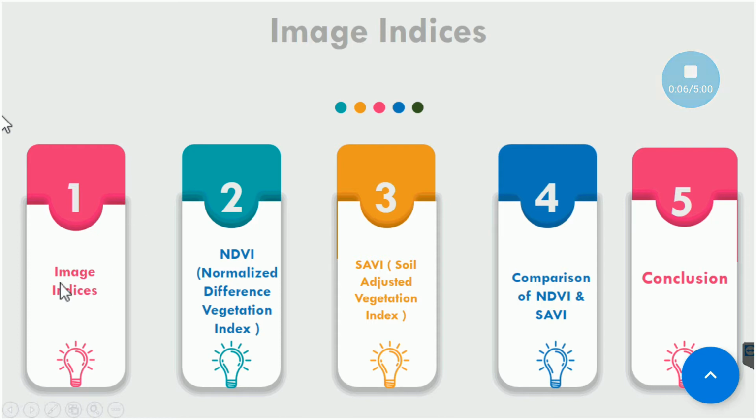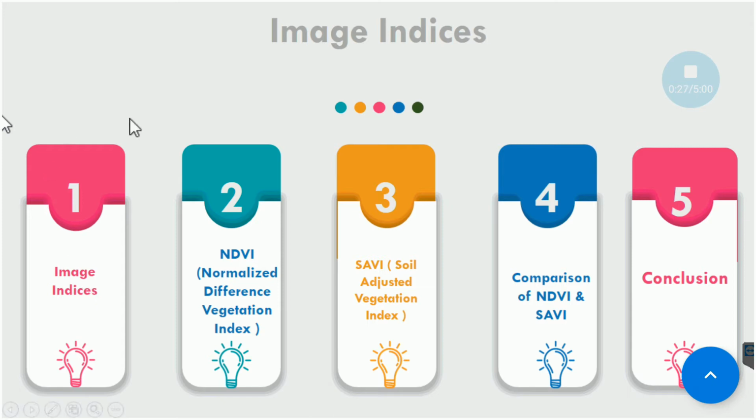In the last lab, we discussed some basics about image indices. In image indices, we said that for any object, if you want to create some indices, we have to note the maximum and minimum reflection value in a particular band using the spectral signature.